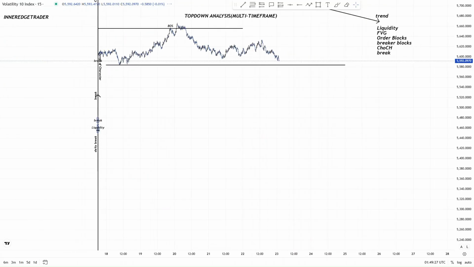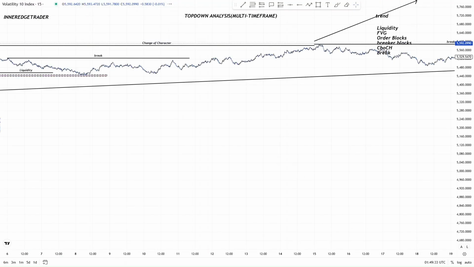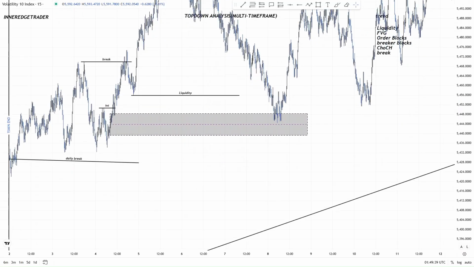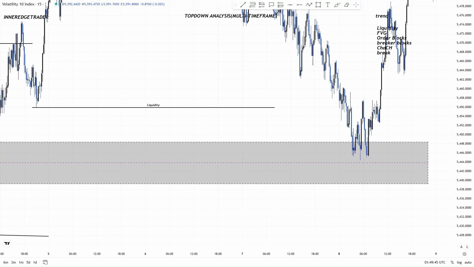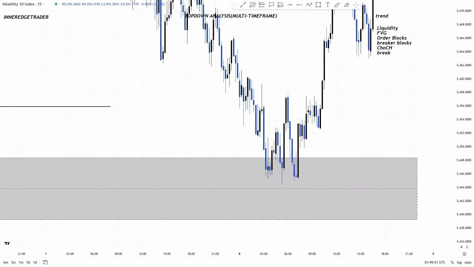So zooming in on this, notice the market was making a series of lower lows, broke above, and okay, this is the break we're looking for, because the market broke below here.